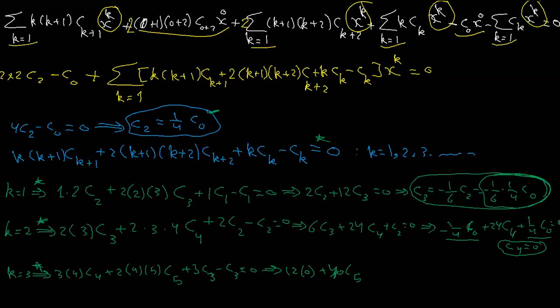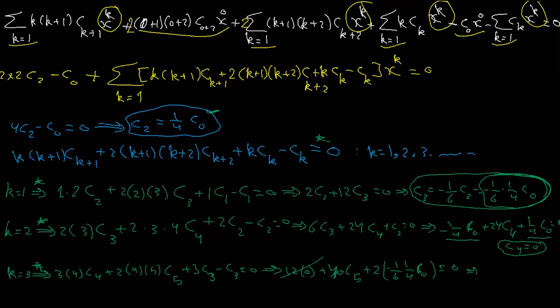Here you have only 2C3, and your C3 is given to be negative 1 over 6 times 1 over 4 C0. All others are 0. So here I'm going to cancel this 2 with this 4, so it's 12.